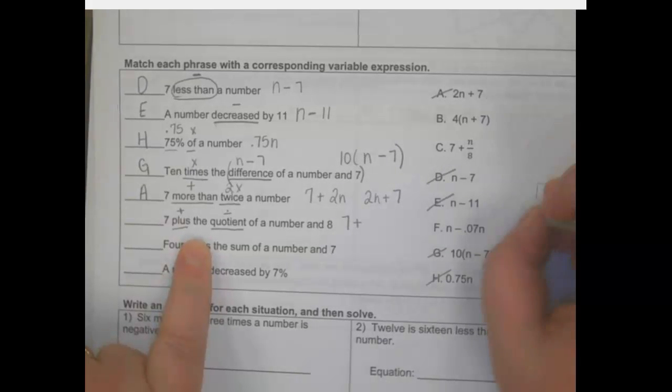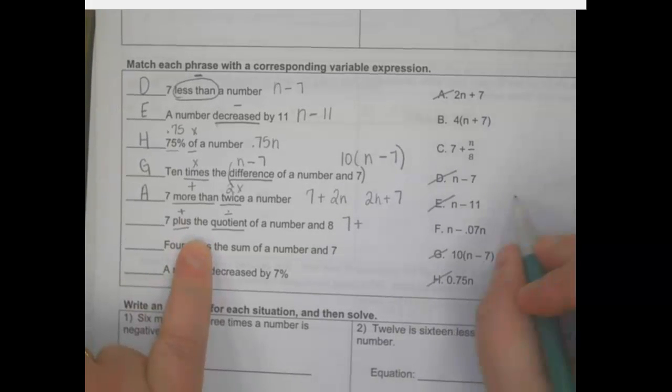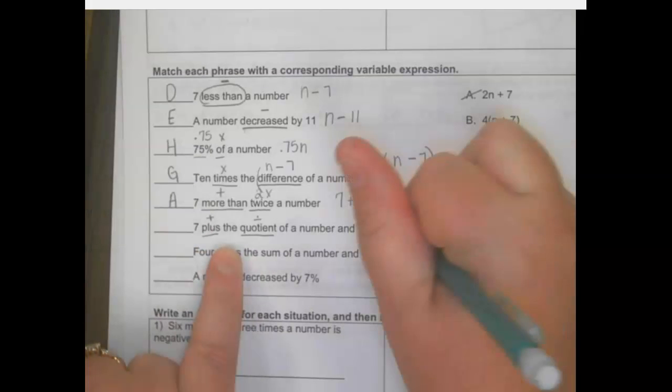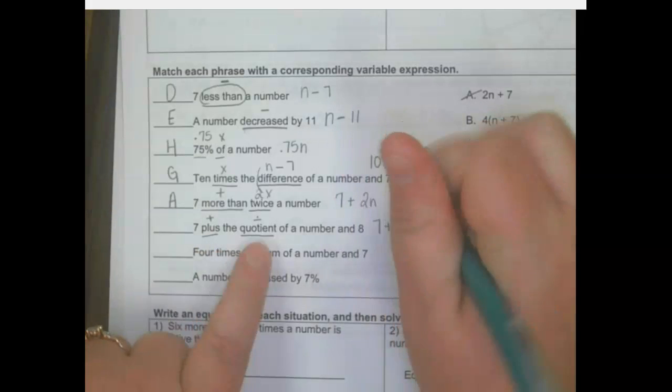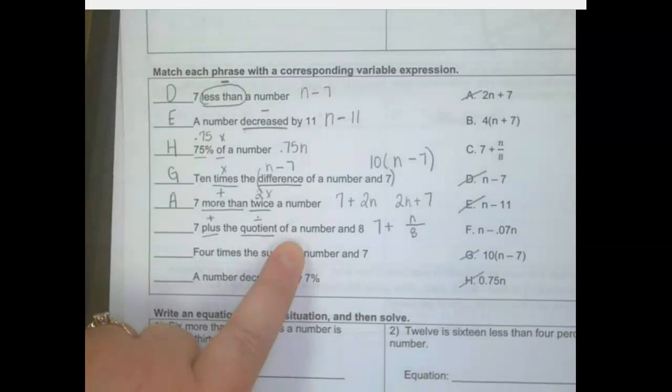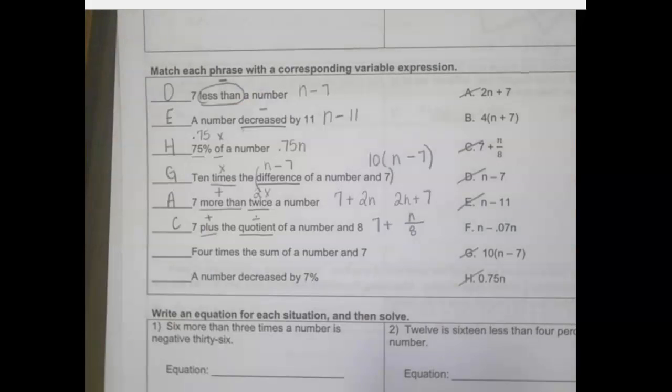No, not usually. What do we normally use? We normally use a fraction. Very good. So we're going to have a fraction of a number and 8, which matches C. Any questions on that one?